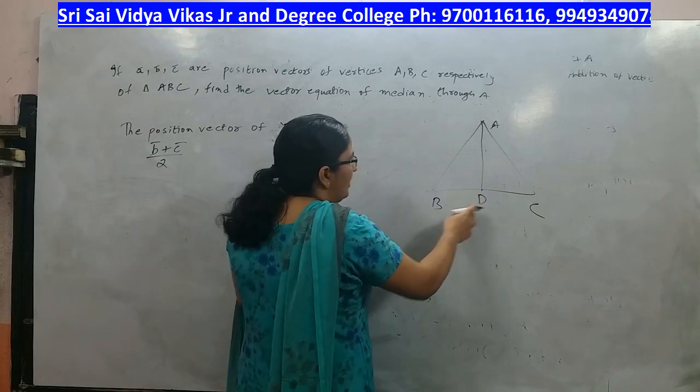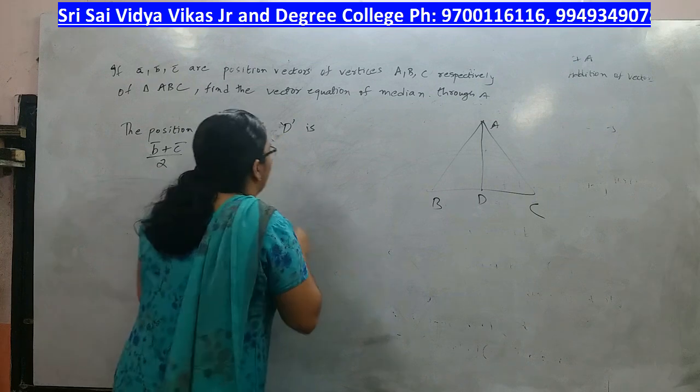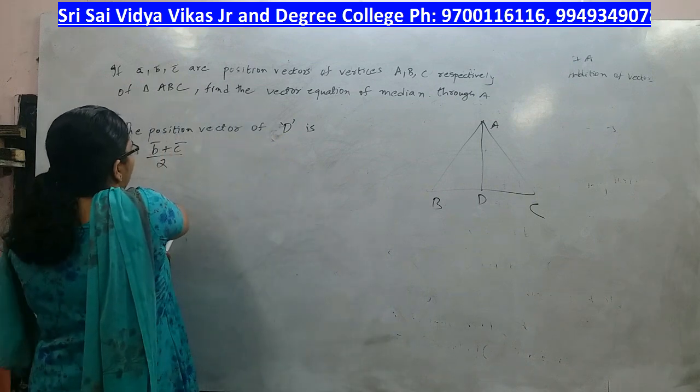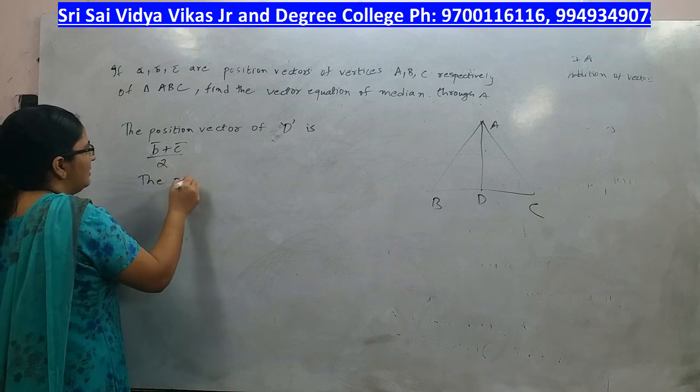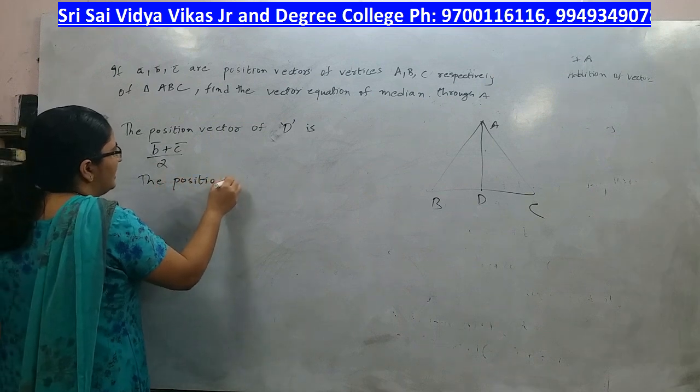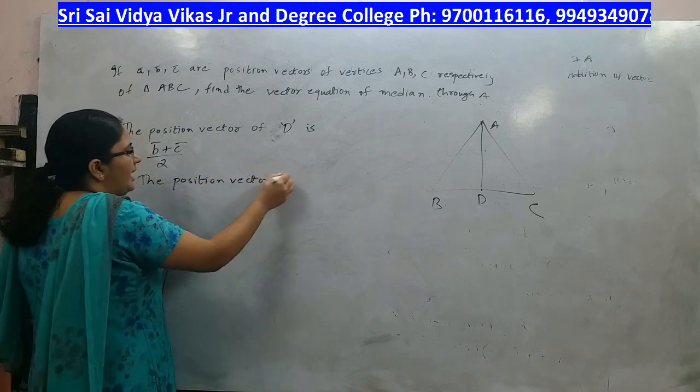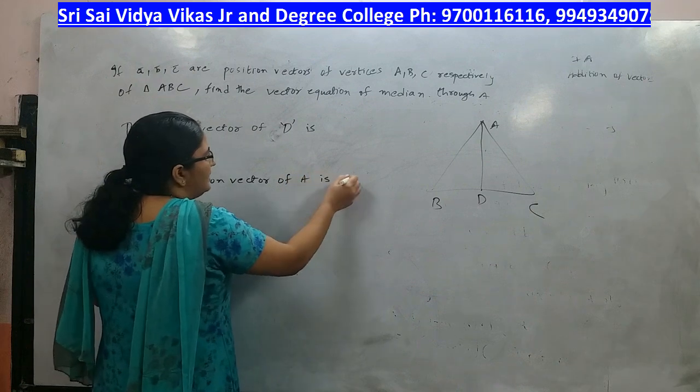The position vector of D is (B bar plus C bar) by 2. Next, the position vector of A is A bar.